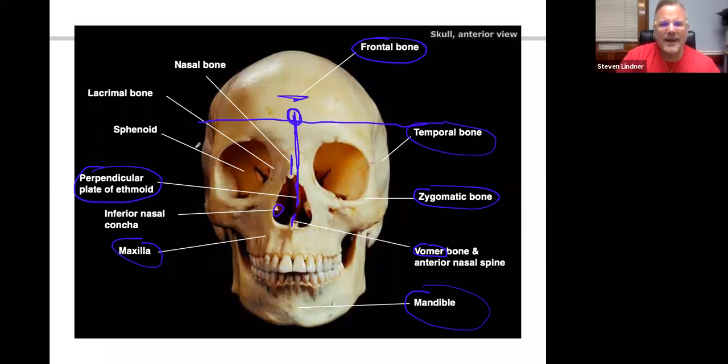The back of the eye is called the sphenoid bone. All of this back here is part of the sphenoid. We have it here as well. And lateral to the nasal bone, right here, is the lacrimal bone. I'll show you the ethmoid bone as well.